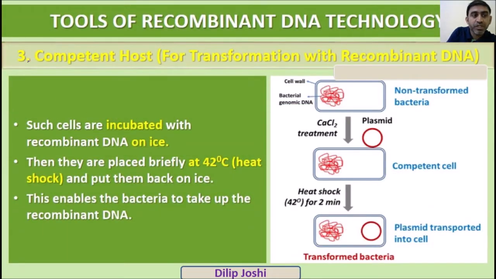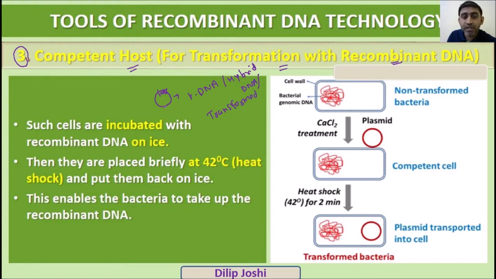Now we are going to see competent host, meaning for transformation of recombinant genes. When we take any vector in which a desirable gene is introduced, this vector becomes recombinant. This is recombinant DNA, or we can say hybrid DNA, transformed DNA or modified DNA, or transformed cell vector.